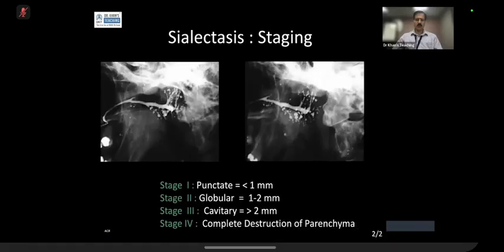If you do conventional sialograms, then sialectasis is actually graded, but you don't have to remember this grade, but you should remember that in punctate sialectasis, these are usually less than 1 millimeter, globular 1 to 2 millimeter, cavitary more than 2 millimeter, and complete destruction of parenchyma, where you might find cystic change, etc.